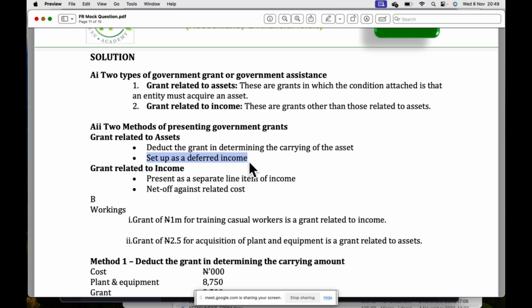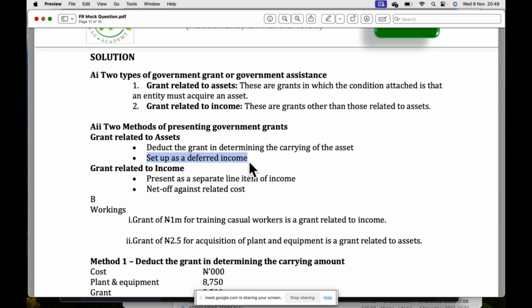So in year one, for example, let's say you are supposed to recognize 10,000 naira as income. That is over 3 years. I'm just dividing that 30,000 by 3. So 10,000 each year. So if you recognize 10,000 as grant income in year one, the remaining 20,000, you go and put it as liability, as a deferred income.